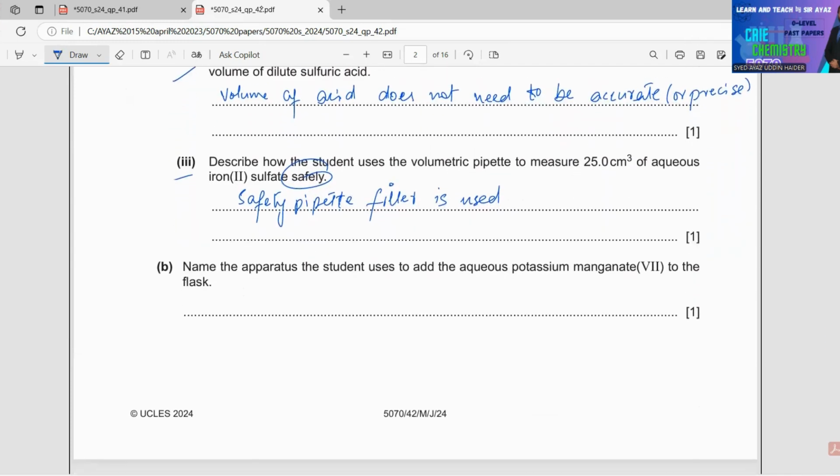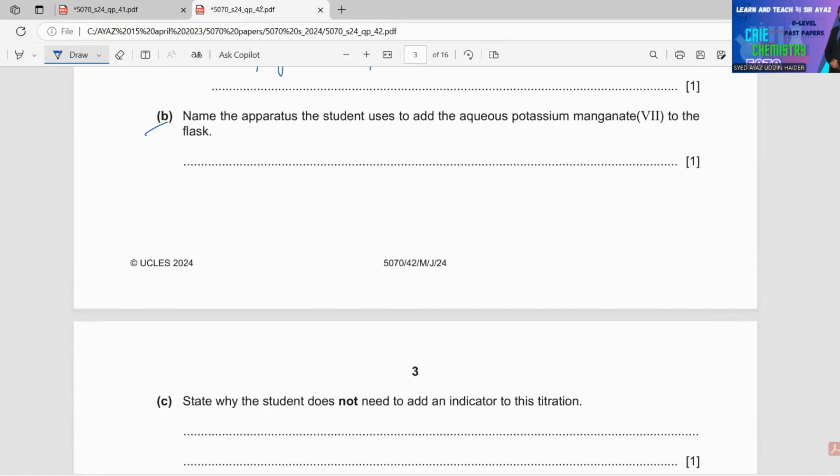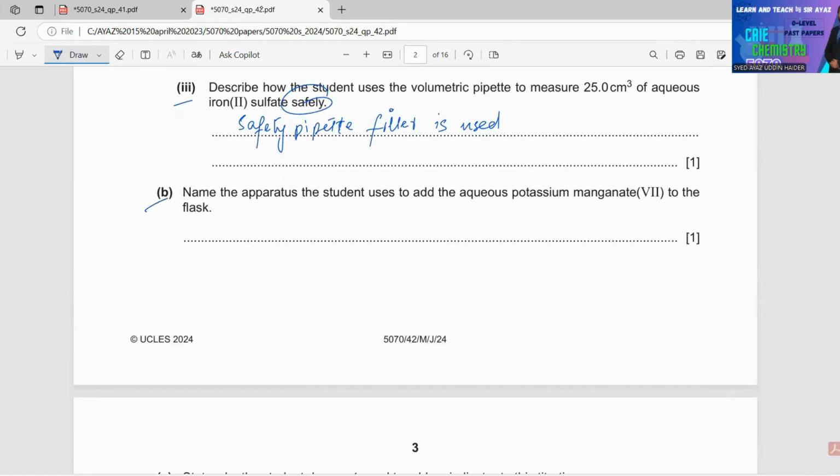Part b. Name the apparatus the student uses to add the aqueous potassium manganate 7 to the flask. So they are doing titration. So in this case, they have to use burette. Burette will be used for aqueous potassium manganate 7.